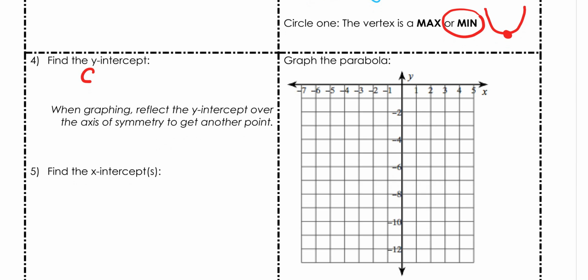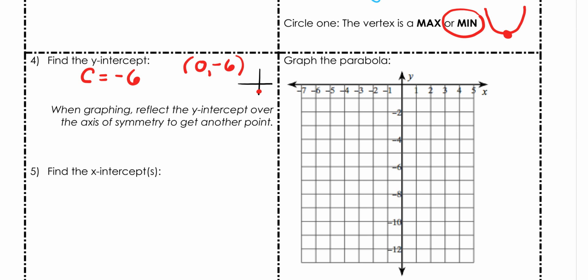So I'm going to say down here my c is equal to negative 6. So my y-intercept, if I write it as a coordinate, is at 0, negative 6. Now, so that you can see what that would look like on a graph, my parabola is crossing through negative 6 on the y-axis. So that's another key feature of this graph.